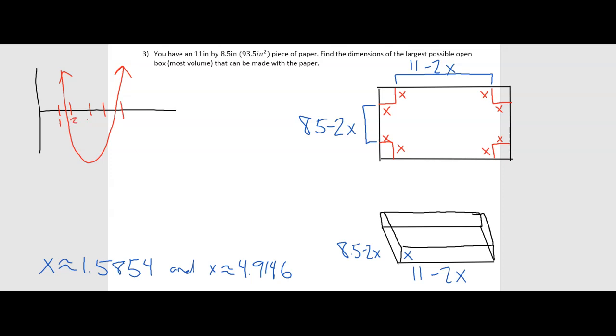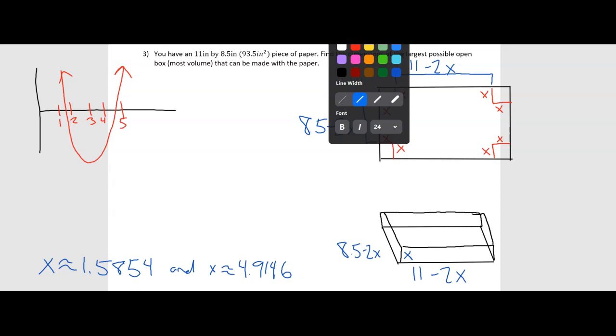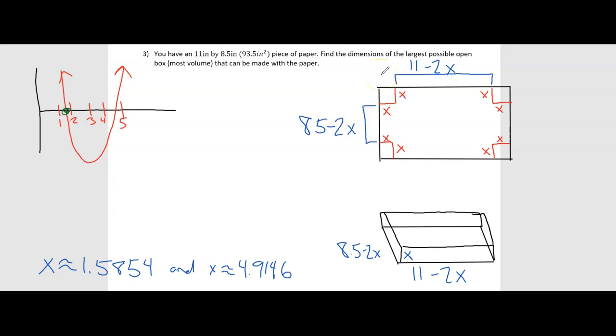Something like that. So we can clearly see that it's going to be at this 0, where x is approximately equal to 1.5854, that the derivative goes from positive to negative. So we are going to be using this x value to find those dimensions that create the largest volume.